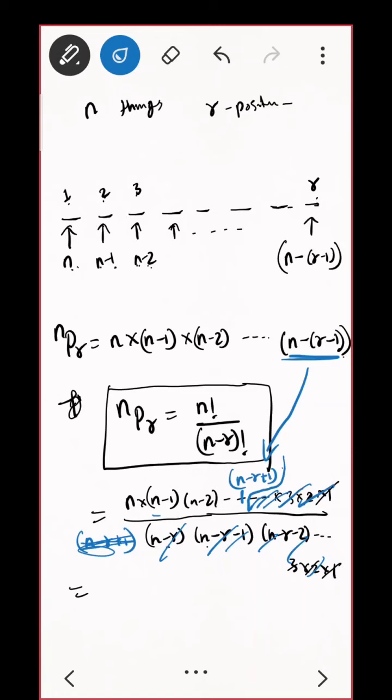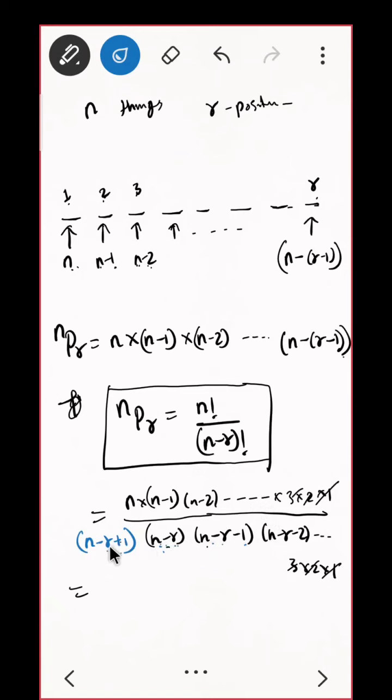Just try to observe one thing. Let me show you once again. Now I want to cancel the terms. I want to see what is the next term which will be remaining here. So this is n minus r, this is n minus r minus 1, minus 2, like that. The next term will be n minus r plus 1. So this term will remain here, and each of the other terms will get cancelled. Do you agree? But what is that term?